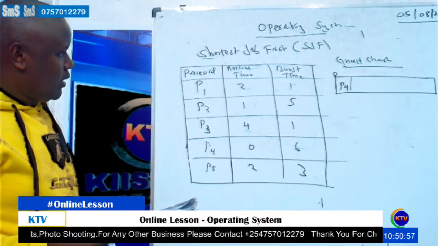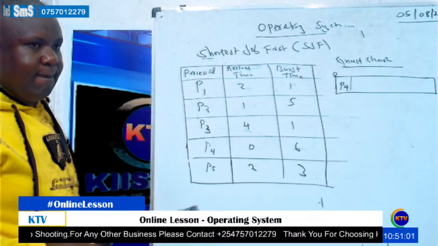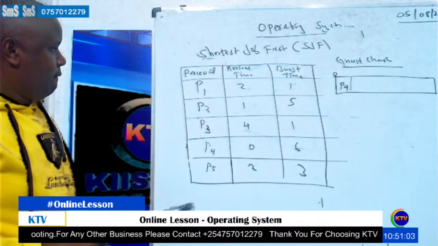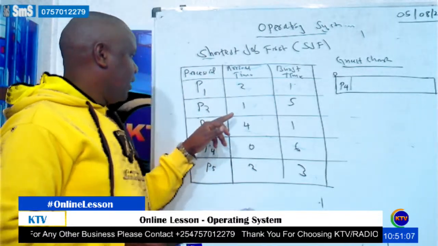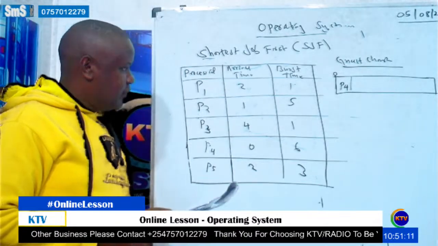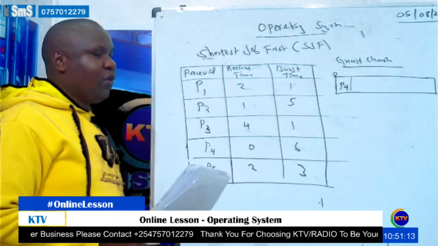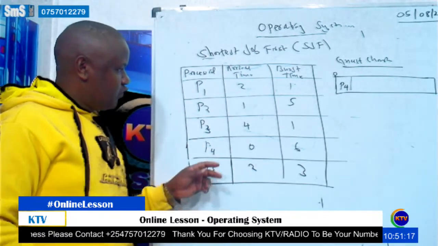Why? Because it takes the shortest time to complete. But between process 1 and process 2, which one arrived earlier? Process 2 arrived earlier. So which one is to be allowed in first? Process 2.